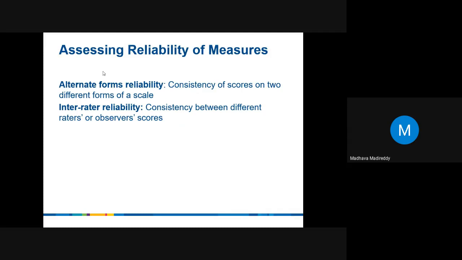So we need to make sure that there is consistency on two different forms of scale, and also consistency across different kinds of people. For example, if different people are doing the ratings, they should also agree.